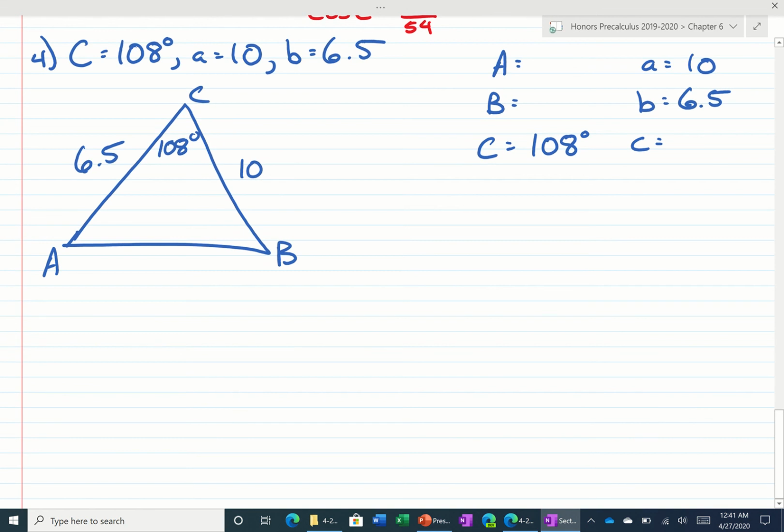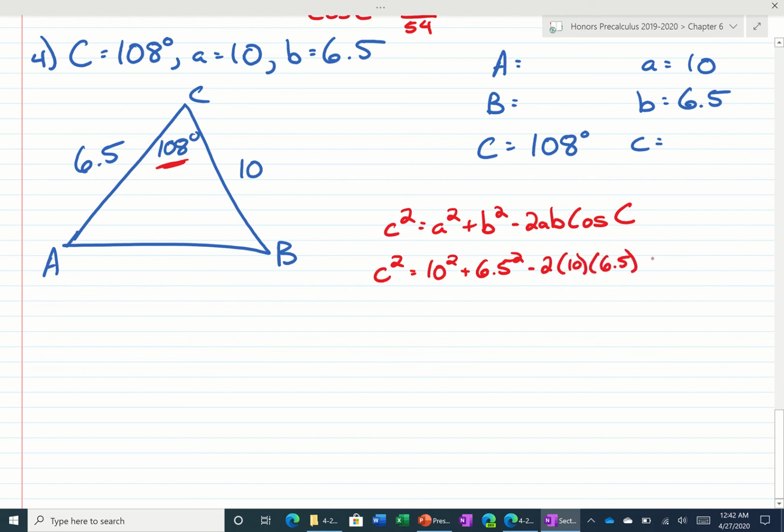Okay, so moving to number 4. We have a SAS, side angle side. We can't make a full fraction, so since we're given angle C, we can use the formula for c squared, which is a squared plus b squared minus 2ab times the cosine of angle C. Let's see what that is. 10 squared plus 6.5 squared minus 2 times 10 times 6.5 times the cosine of 108 comes out to 182.42 whatever.